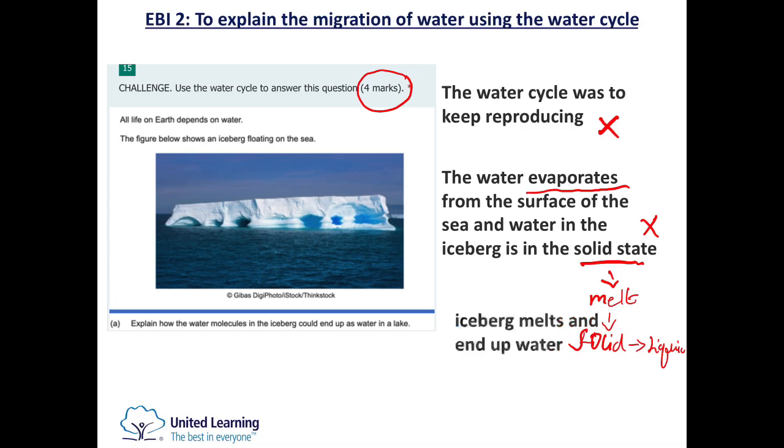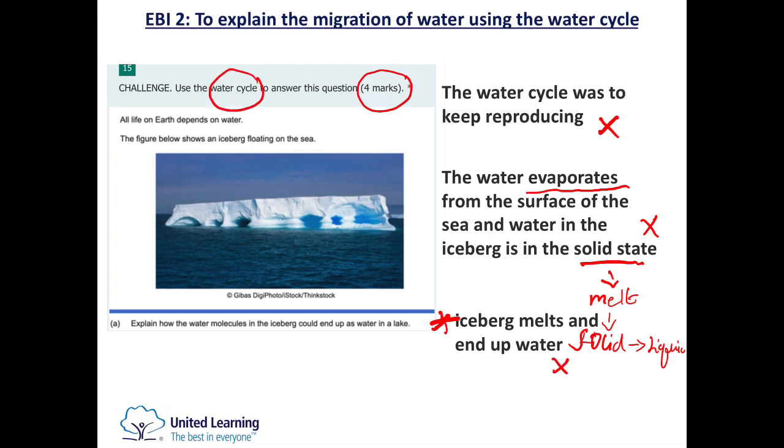The next one says the iceberg melts and ends up in water. That's a good start. But again, I wouldn't say it earns more than 1 mark. They would be lucky if they get 1 mark, but I would say that it still does not get a mark. They need to talk about that whole process in the water cycle.